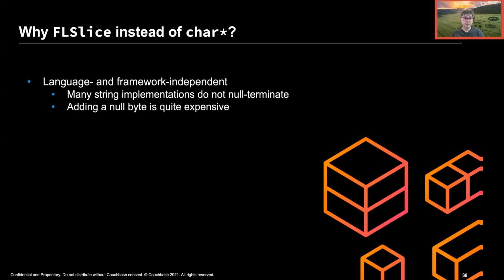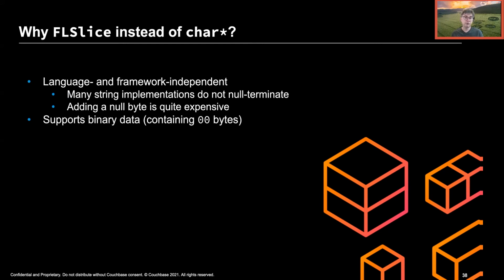That means adding a null byte onto the end of a string to pass it into a Couchbase Lite API would be pretty expensive, because you have to copy that string somewhere, which usually involves allocating dynamic memory. Put the null on the end, pass it in, and then free that memory that you allocated. And this gets pretty expensive when you're doing it on every single API call.